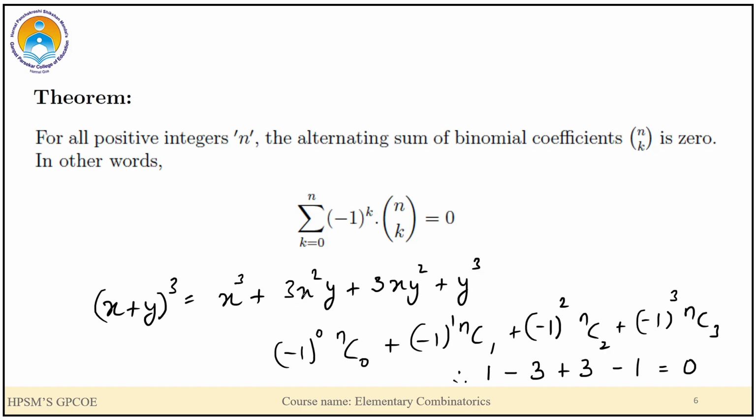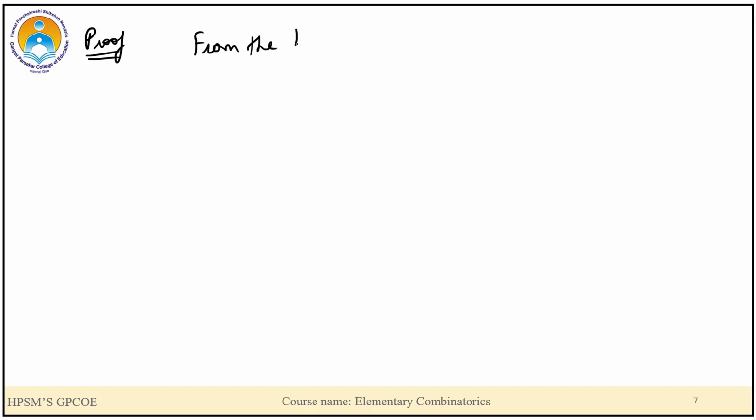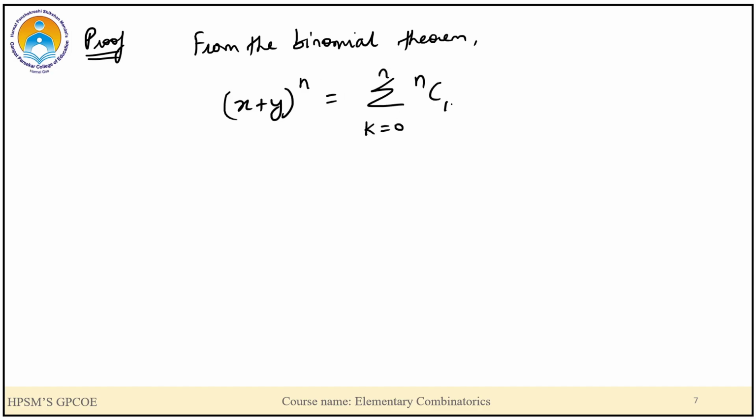The proof is very simple. From the binomial theorem, I have x plus y the whole raised to n is summation k goes from 0 to n, nCk x raised to k, y raised to n minus k.